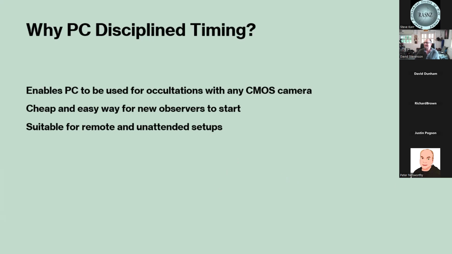It also maybe opens up the possibility of using this at a subscription telescope service, if you can persuade the operator to install the timing. There are those possibilities. Also for things like public observatories and major telescopes, it could be an option to use them for occultations without having to make major changes to the setup.